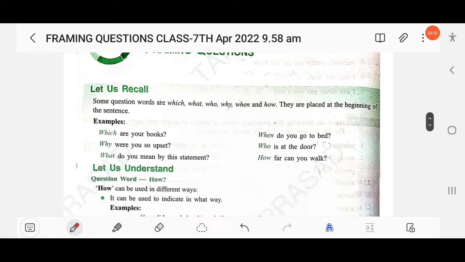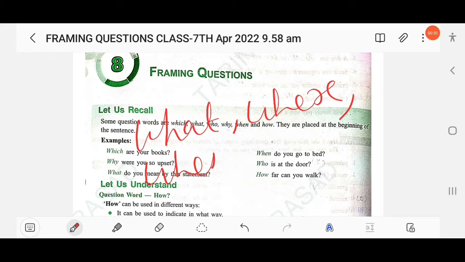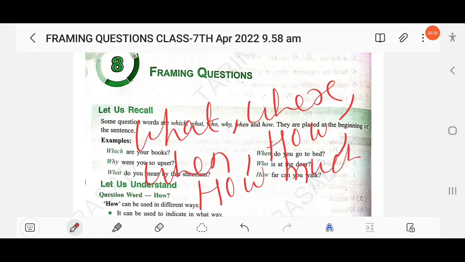So framing questions. As you know, different WH words are used to frame questions, like what, where, when, how much, how many, why, what, whose.